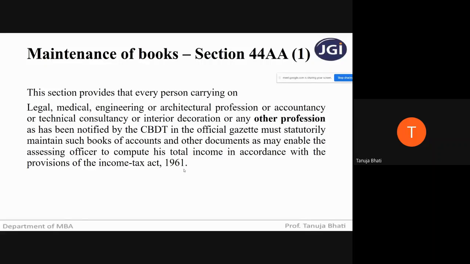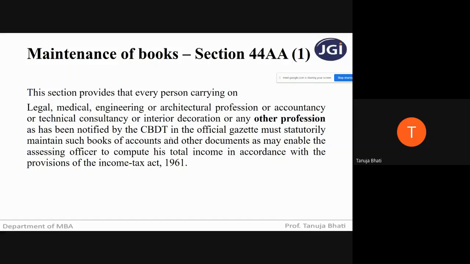So students, by this slide we mean that all the persons carrying out these particular professions mentioned here have to mandatorily maintain the books of accounts.